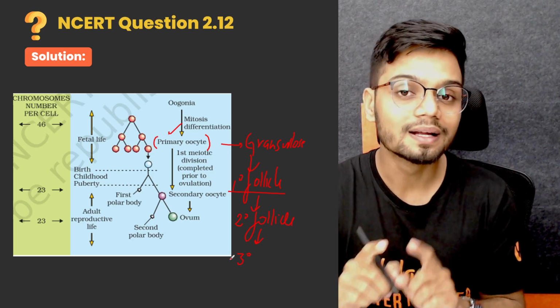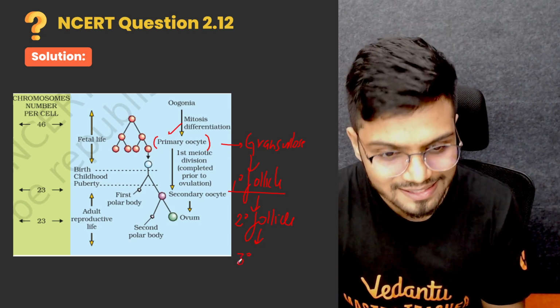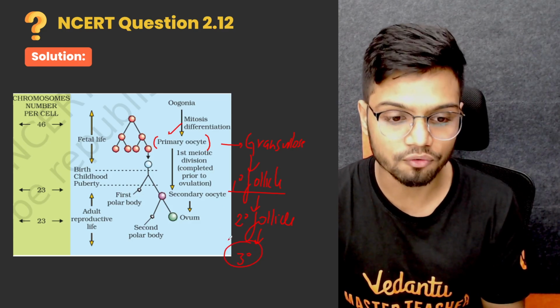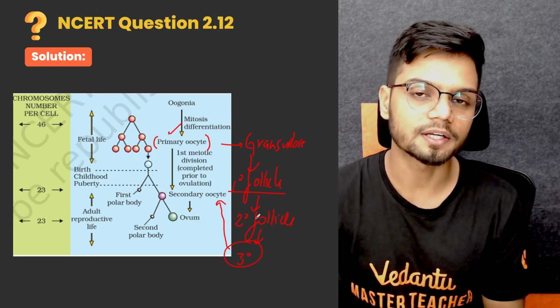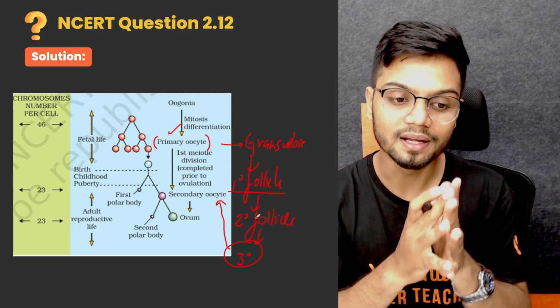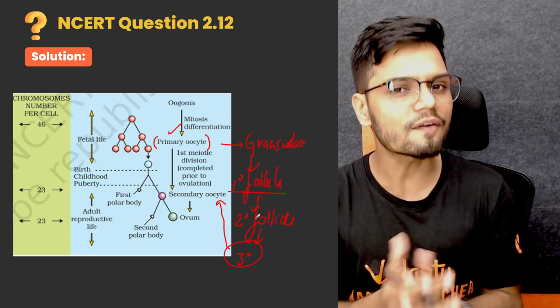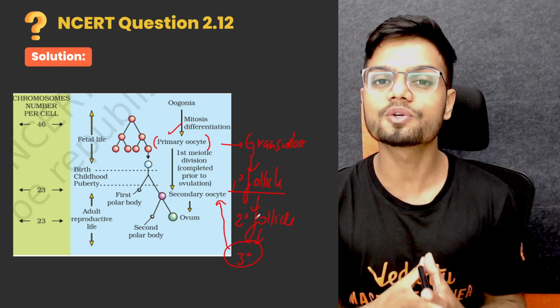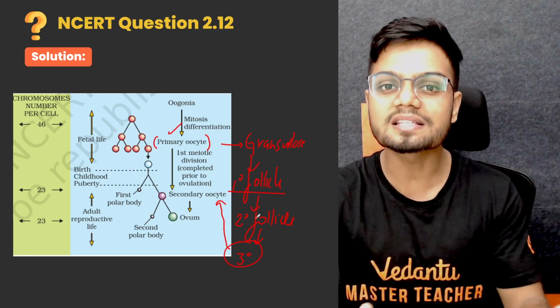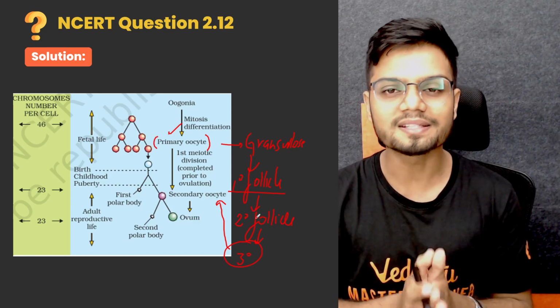Inside the tertiary follicle we find the secondary oocyte, and subsequently the tertiary follicle becomes the Graafian follicle, which eventually ruptures open and releases the ovum. There it is, the complete oogenesis.